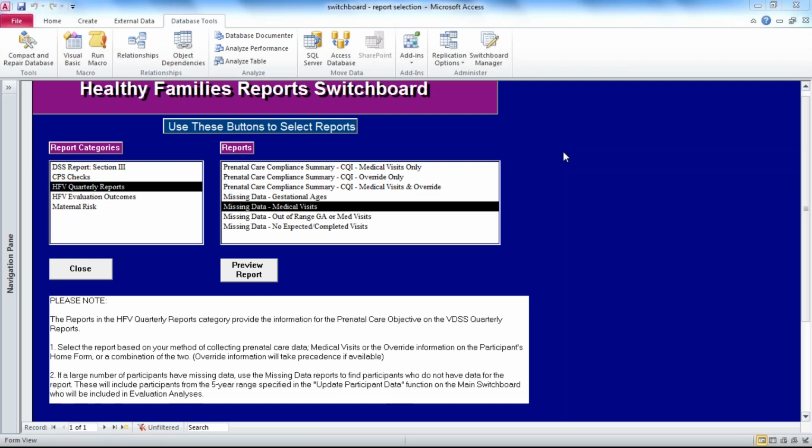You'll see a tally of the number of medical care visits that are expected from the time that they're opened, and the number of medical care visits that have been entered that you've shown that they've received.